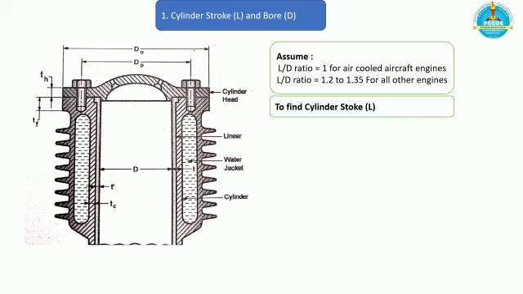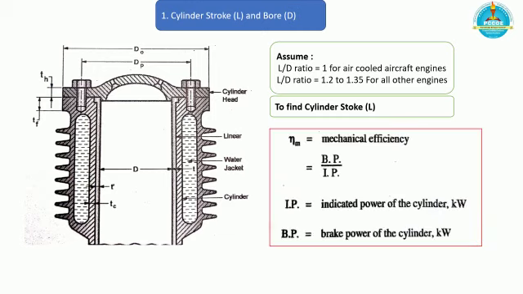To find the cylinder stroke L, we start with the mechanical efficiency of an engine, which is given by brake power by indicated power.